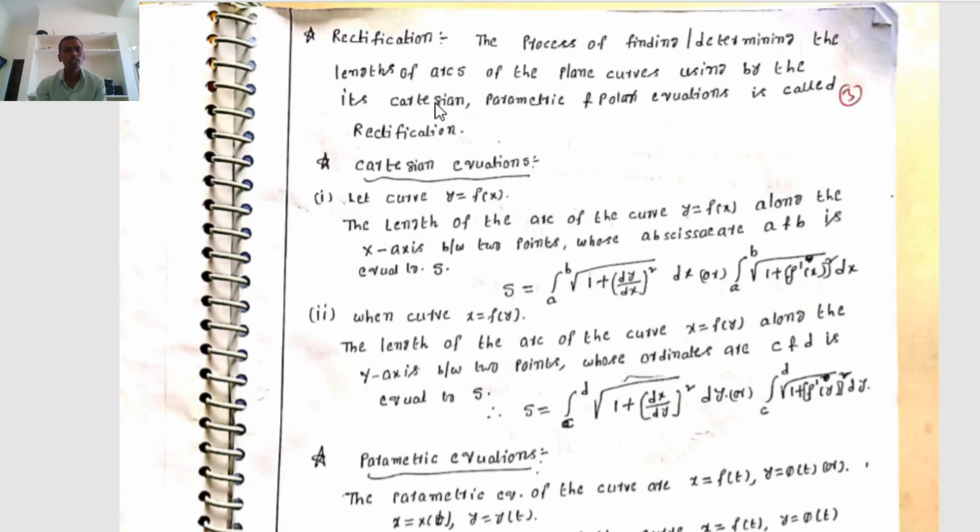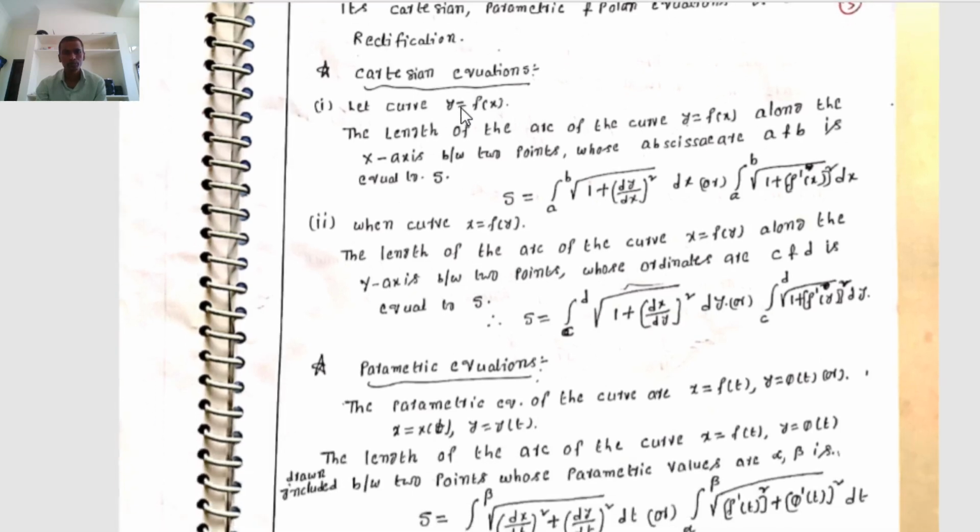Simply, rectification means finding the length of the arc of the plane curve using its Cartesian, parametric or polar equations.